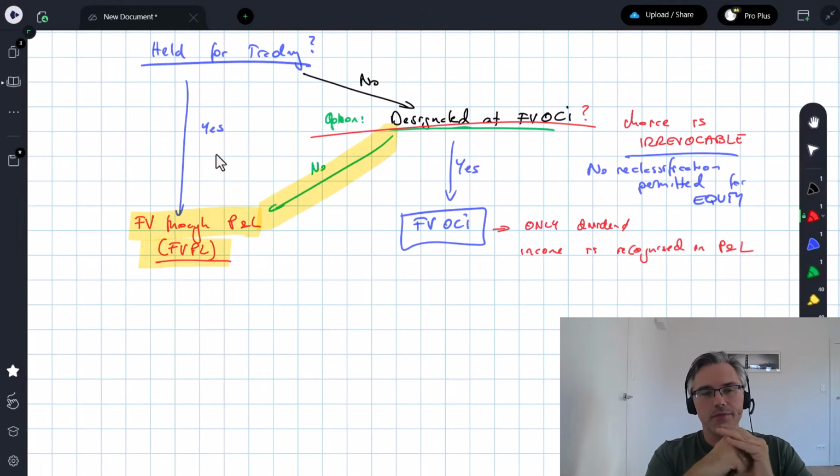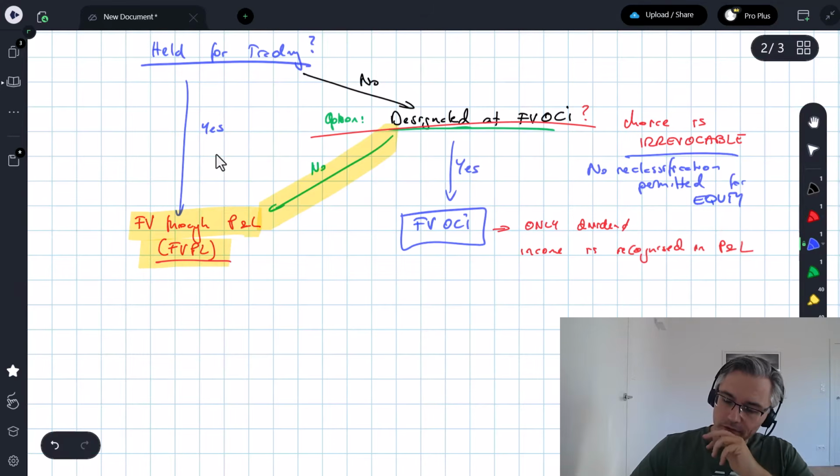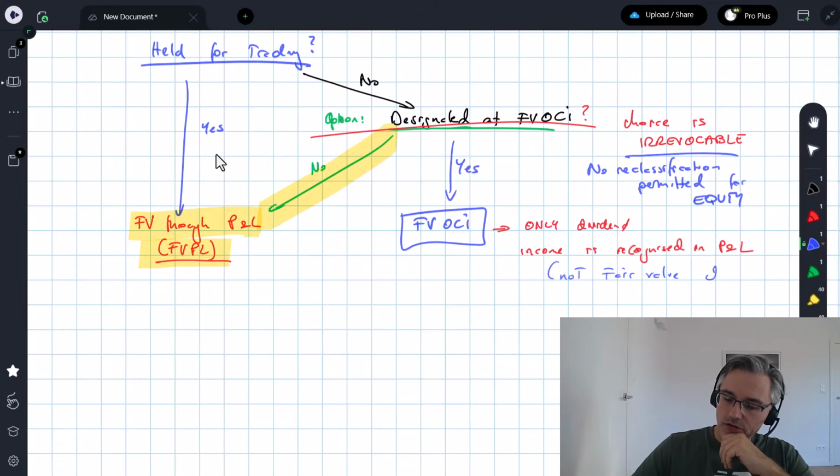The same thing happens with bonds. Now, so only dividend income is recognized in P&L, not those fair value changes.